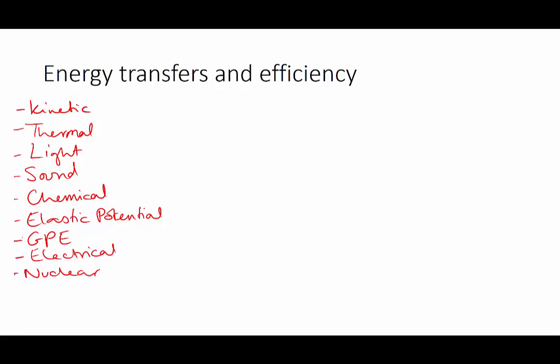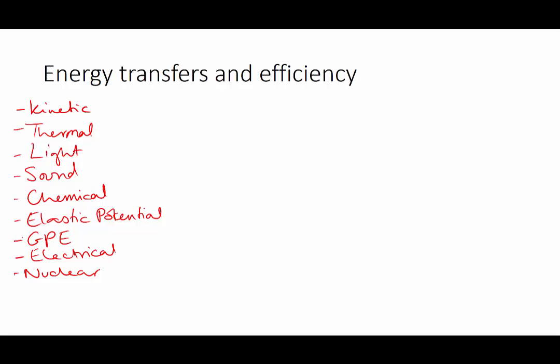Things that people often forget, the energy that's stored in any kind of fuel or in a battery is chemical energy. Nuclear very rarely comes up. That only comes up in the context of a nuclear power station where it's nuclear fission that is releasing the energy. Kinetic is movement, thermal is heat, and the rest you should all know.